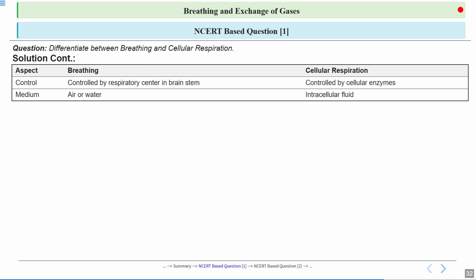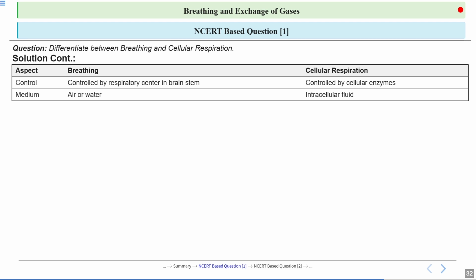Okay, breathing is controlled by the respiratory center in the brain stem. So these are some additional differences between breathing and respiration. Breathing is controlled by the respiratory center present in the brain stem, and cellular respiration is controlled by cellular enzymes, means enzymes present within the cell.